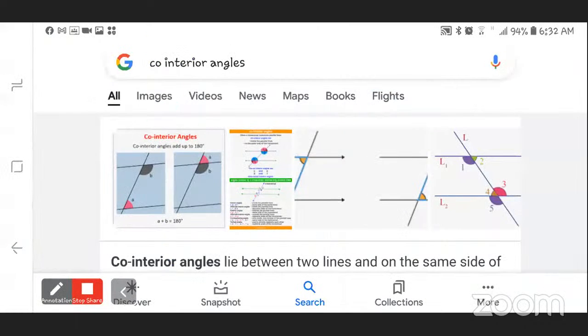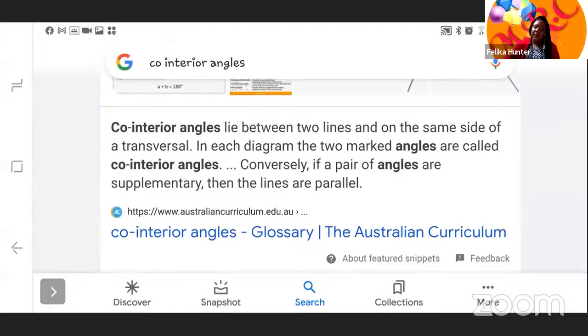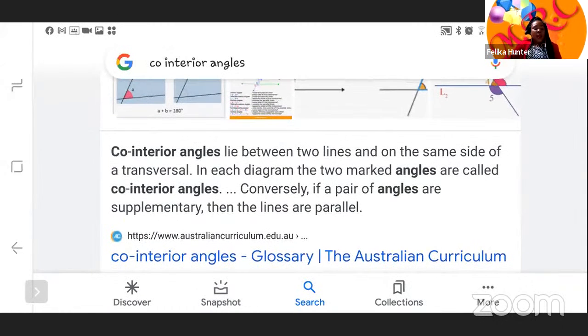I just changed the share screen settings. All right, good. So co-interior angles, and then after you do co-interior angles, you're going to do alternate angles.